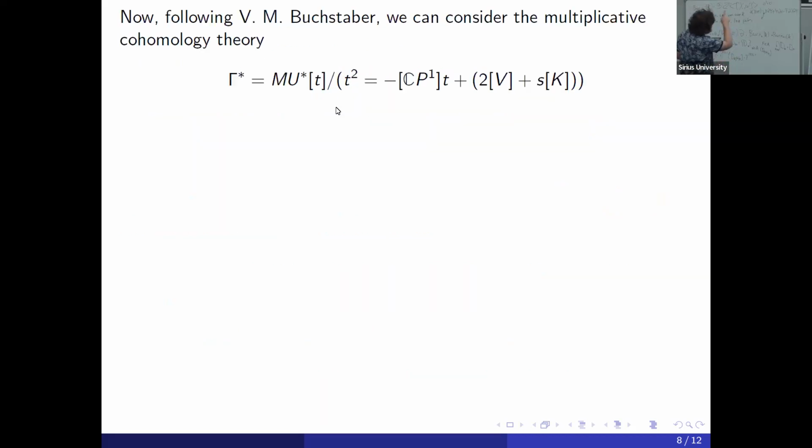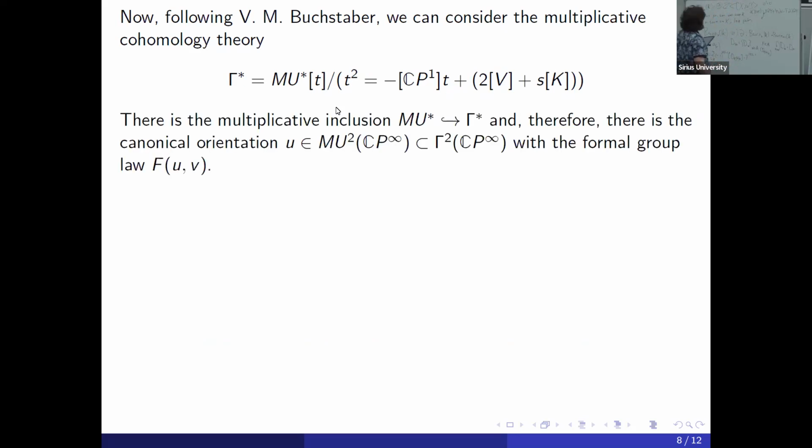Now, following Buchstaber's approach, we consider the following multiplicative cohomology extension of ordinary complex cobordism. Then we have a multiplicative inclusion, and we have the canonical orientation, and the formal group law corresponding to this orientation is the ordinary complex cobordism formal group law.